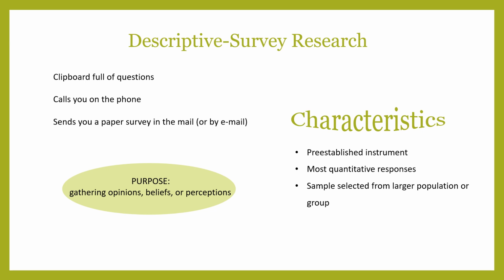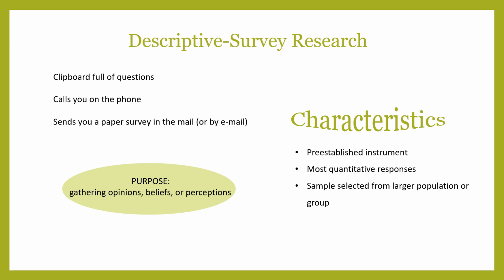And some characteristics of this kind of research are a pre-established instrument, that is, a survey. Most quantitative responses. This is a type of research we can use with qualitative, but most frequently quantitative.